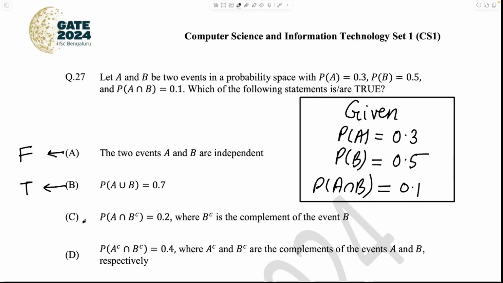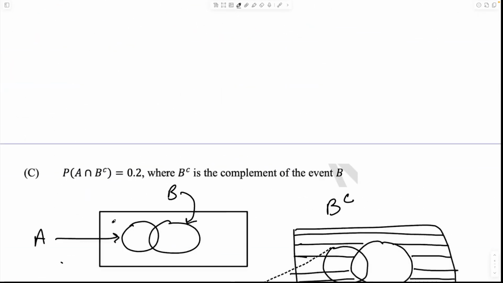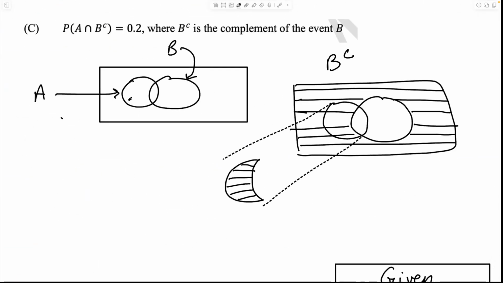Now let's see option C. Option C states that P of A intersection B complement is equal to 0.2, where BC is the complement of B. Let me explain a very important concept. This is given to us directly, and if you think about it directly, you will be wondering how you can find it.